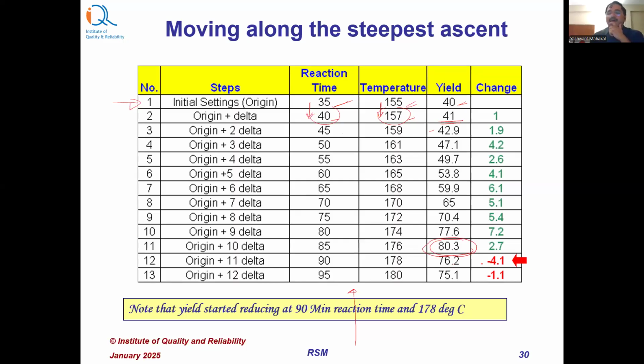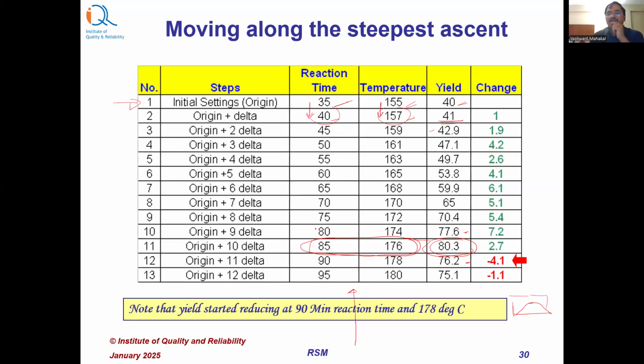Okay, so this 85, 176 is the center point here, and you can see here it is 77.6 and 76.2. So the yield is dropping like this. This is the region which is of importance to me.